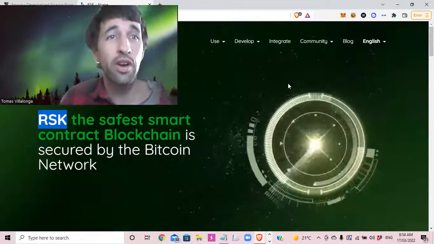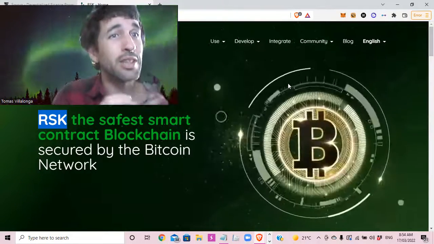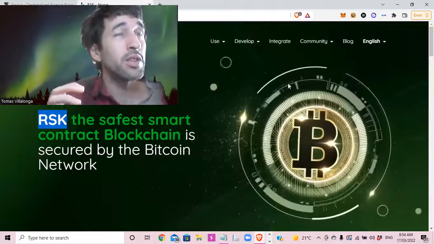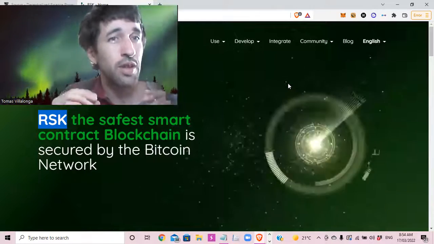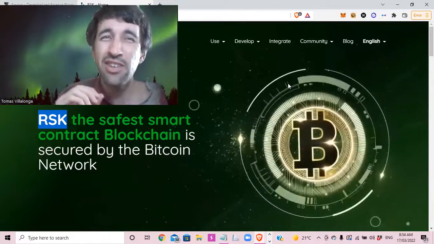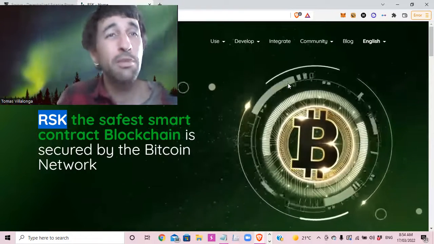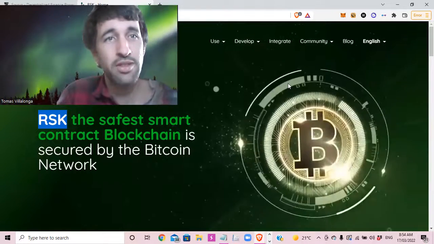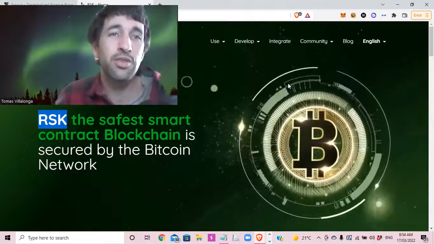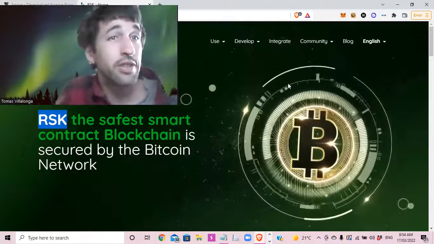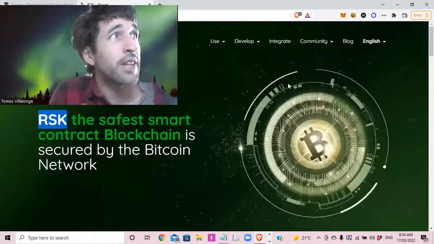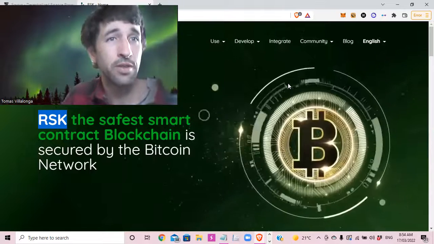Whereas the monetary policy in Bitcoin is pretty much set in stone. It can change in very small ways, but for the most part, the way Bitcoin runs now, it's how it's going to run for the next 100 years. So that gives you certain confidence.